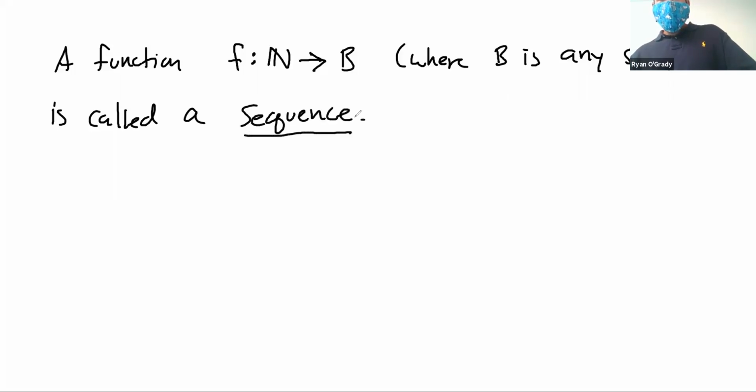So those of you who've had Calculus 2 or any math class where you've studied sequences, here you go.